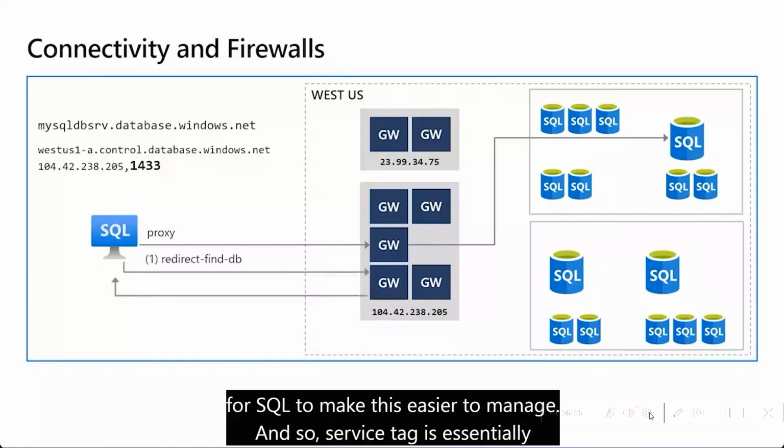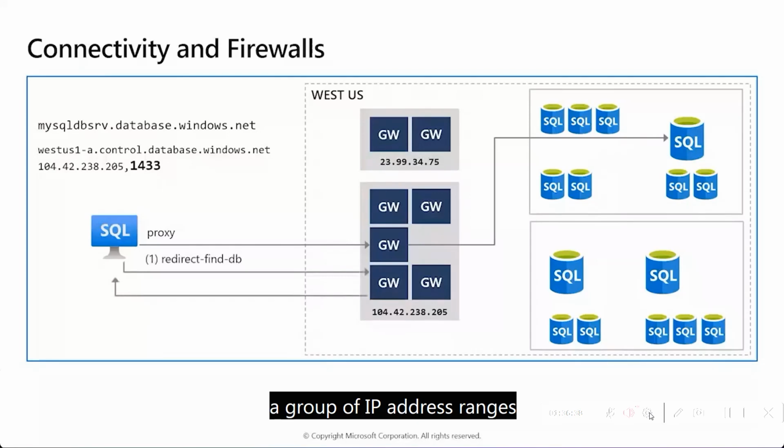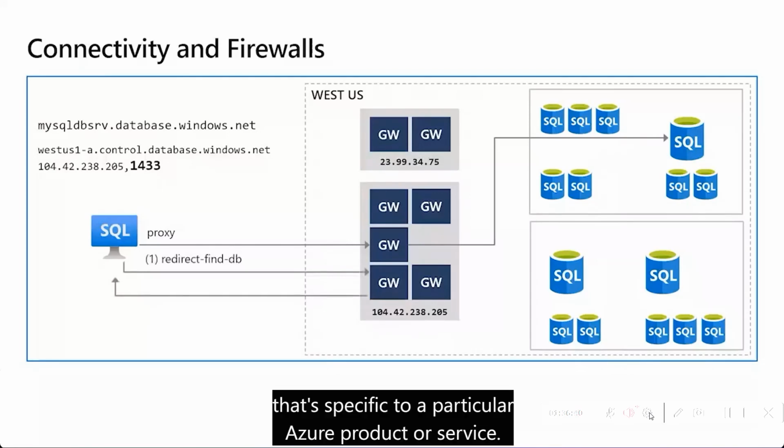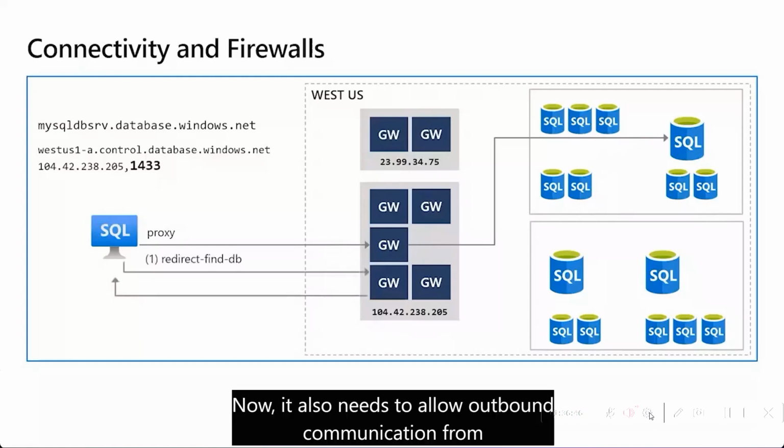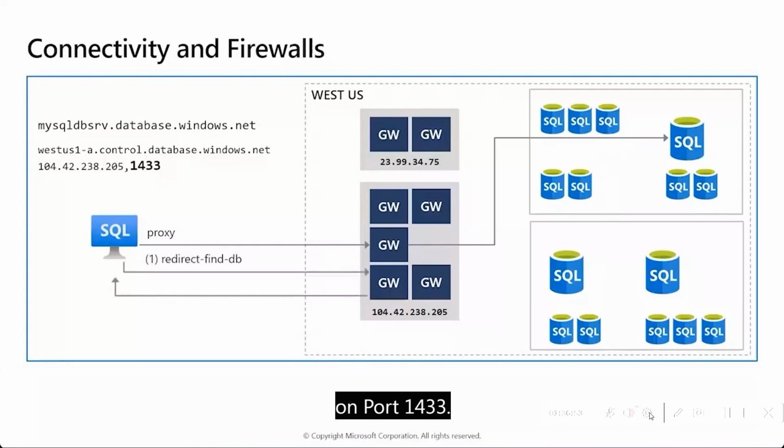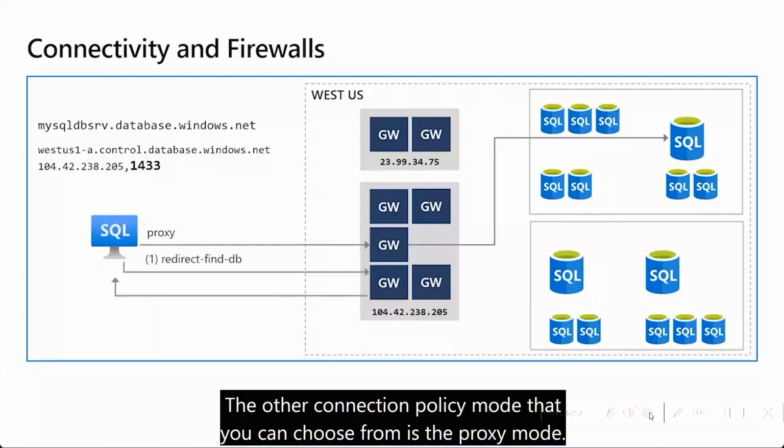And so service tags is essentially a group of IP address ranges that are specific to a particular Azure product or service. Now, it also needs to allow outbound communication from the client to the Azure SQL database gateway IP address on port 1433.